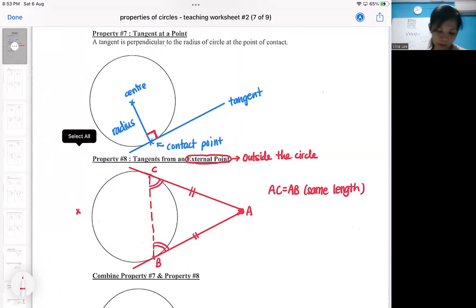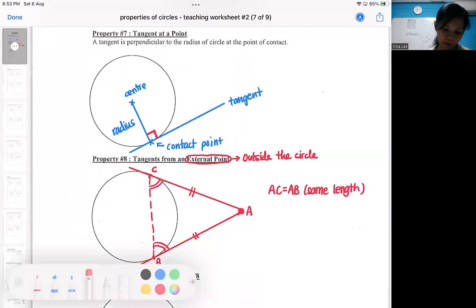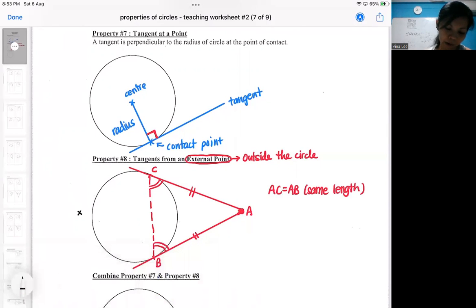What happens when the point is quite close to the circle, but still outside? Call it X, and then this is Y. You will still form an isosceles triangle.